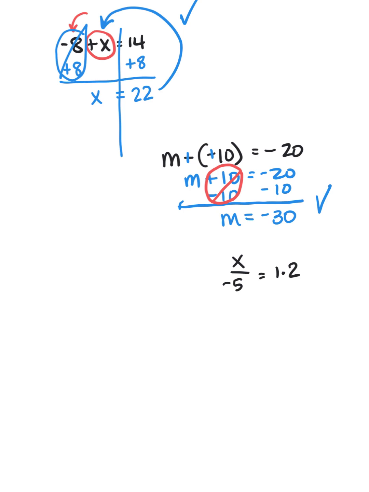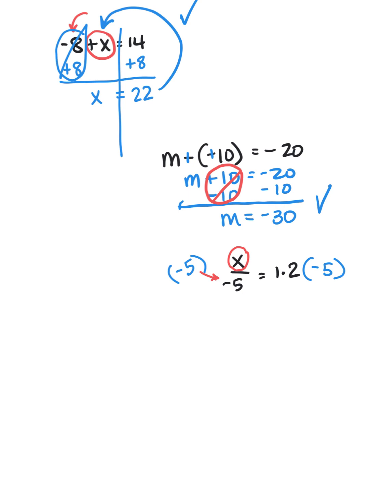All right, so this one gets a little bit different. So here we have our variable, and what's happening is that it's being divided by negative 5. The opposite of dividing, or what we say with our math vocabulary, the inverse operation, the inverse of dividing is multiplying. So to solve this, we have to multiply both sides by negative 5.